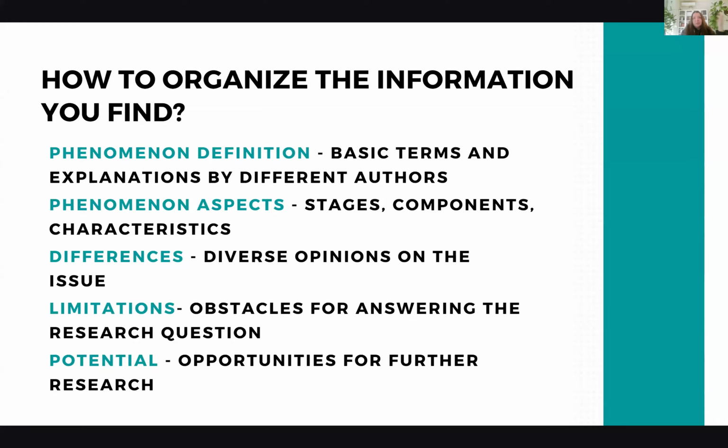That's phenomenon definition. Next, you can explain or write about phenomenon aspects. So the characteristics of the phenomenon you study. These can be stages, components, characteristics, causes, effects, anything like that.